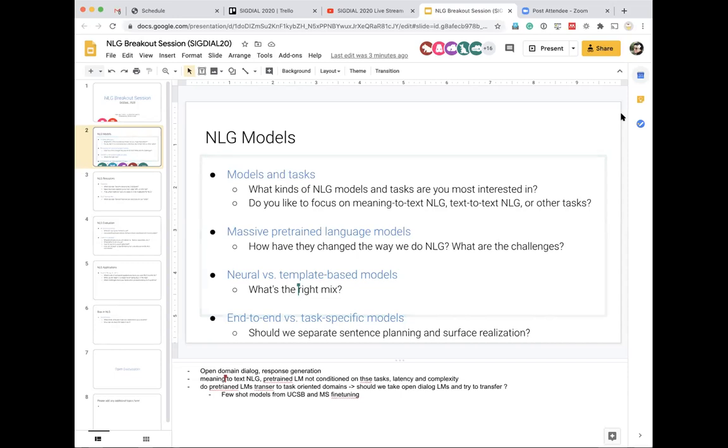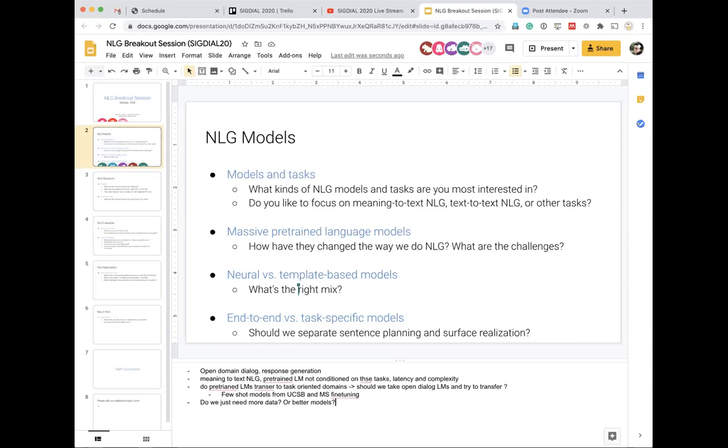At least from the open domain side, I think that makes sense. And then from some work that we did, incorporating dialog acts into a GPT model, I think that helps incorporate some structure into the response generation setting.